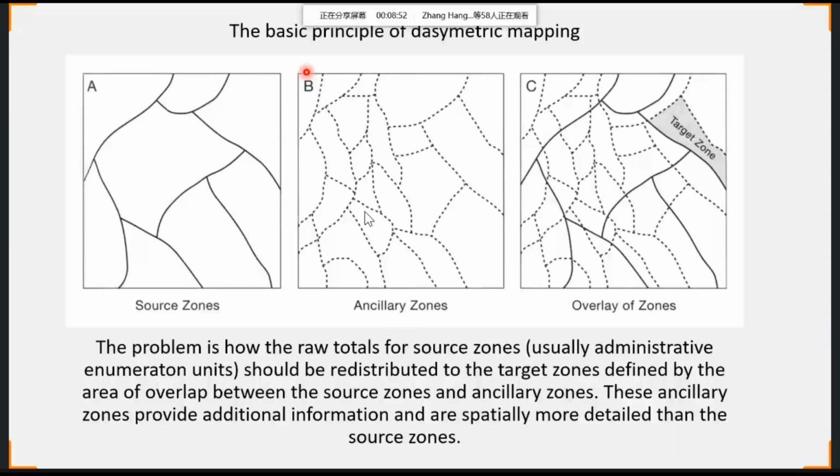And then if we overlap the two, we create such an overlay, and then we get target zones. These are zones within enumeration units, and at the same time within these ancillary zones. So we get the more precise, more detailed information.